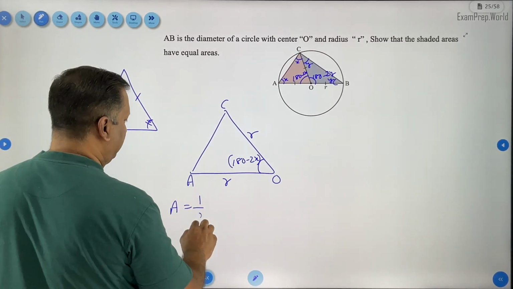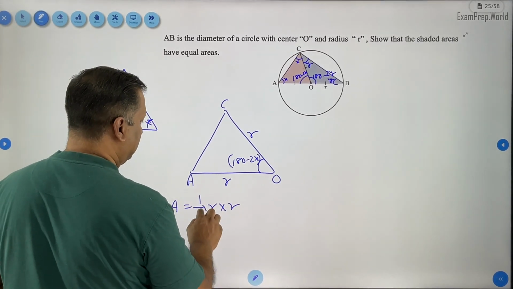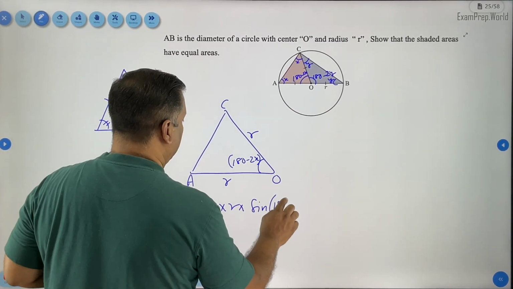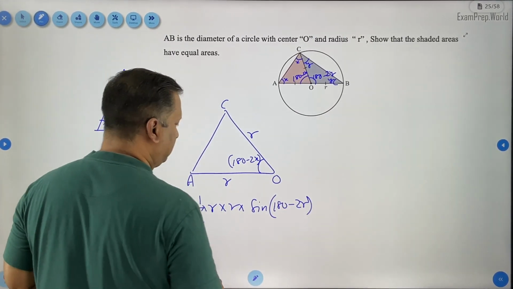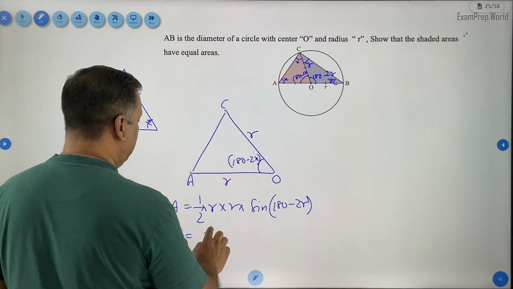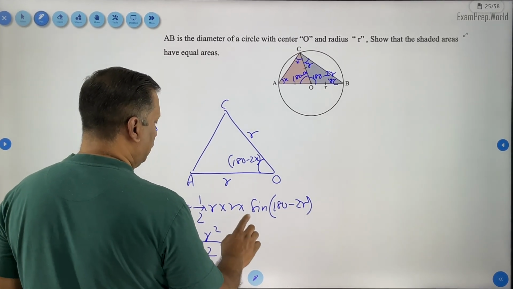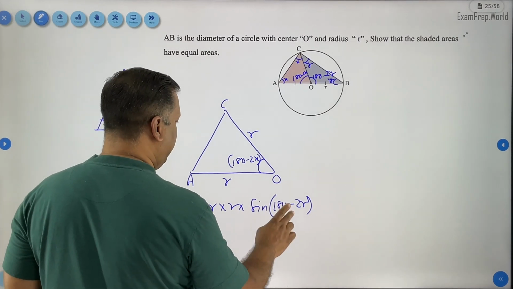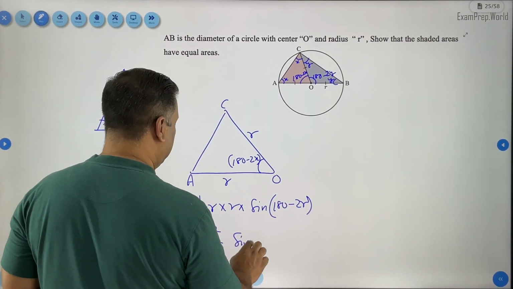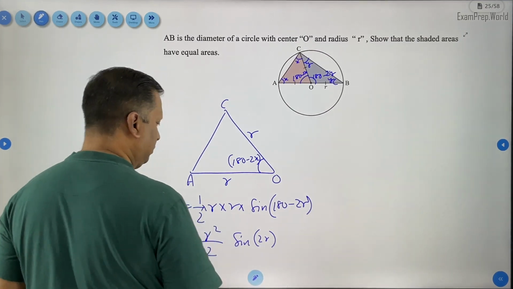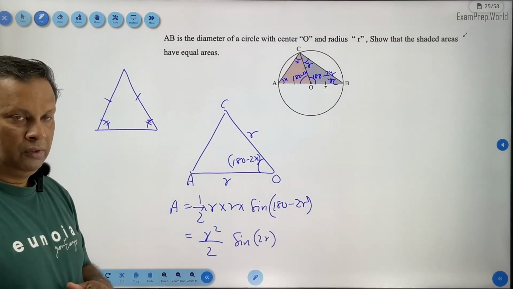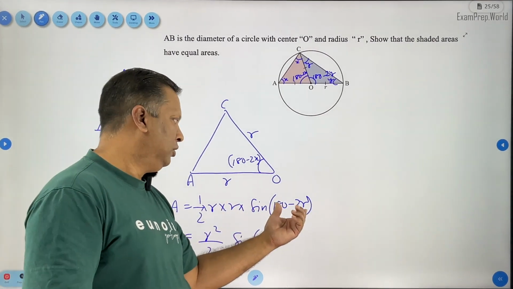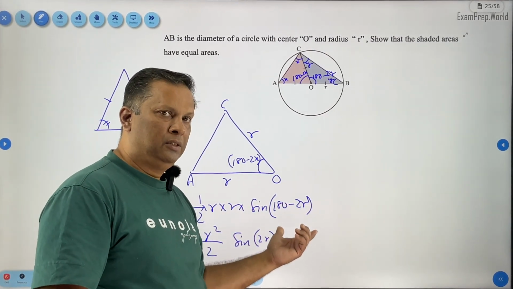Area equals half r times r times sine of 180 minus 2x. So it is r square by 2 sine of 180 minus 2x, which is nothing but sine of 2x. Okay. Sine of 180 minus theta is sine theta.